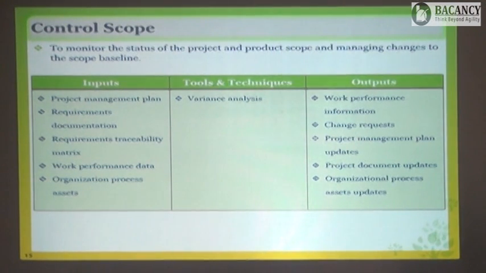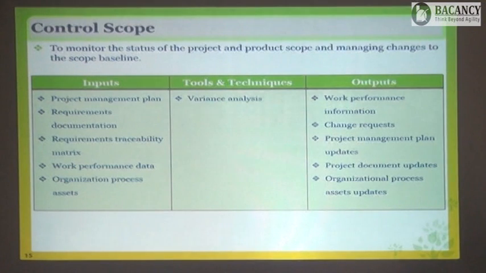What they need is, they need to know what was to be delivered, what and how was it to be, which requirement it was supposed to fill, how it has been delivered. Work performance data is your, what is it?